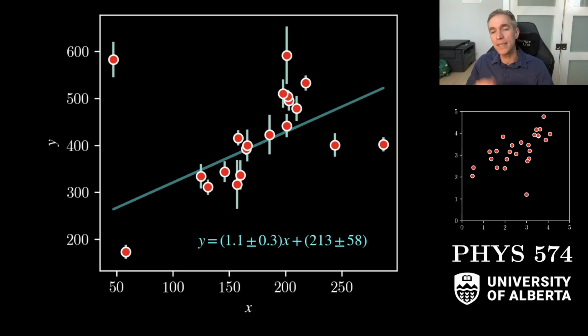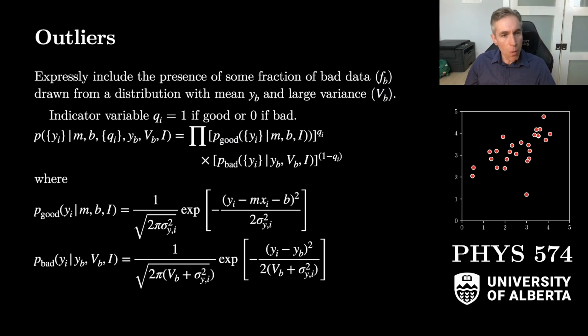Something would go on. But with the Bayesian framework, we actually have a nice way of dealing with it, which is just to say our data has some bad data in it. And what we see is a mixture of good data and bad data. So what we're going to do is we're going to model this as two different data distributions.